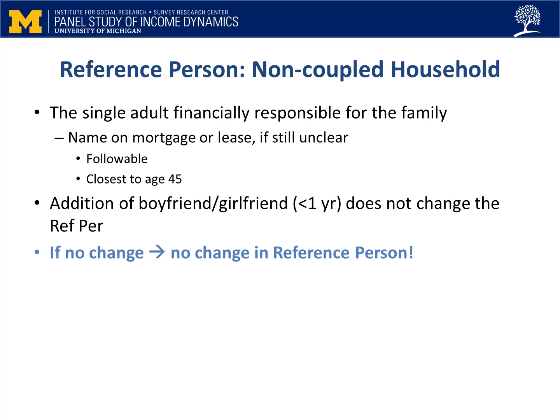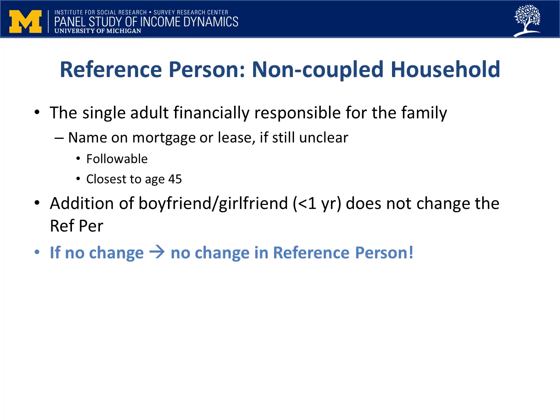In the case of more than one single adult in the household, you will select a reference person by asking questions about who has major financial responsibility for the family. Example, whose name is on the mortgage or on the lease. If that still doesn't yield a definitive response, you will consider who has follow status, and then, as a last resort, who is closest to age 45.